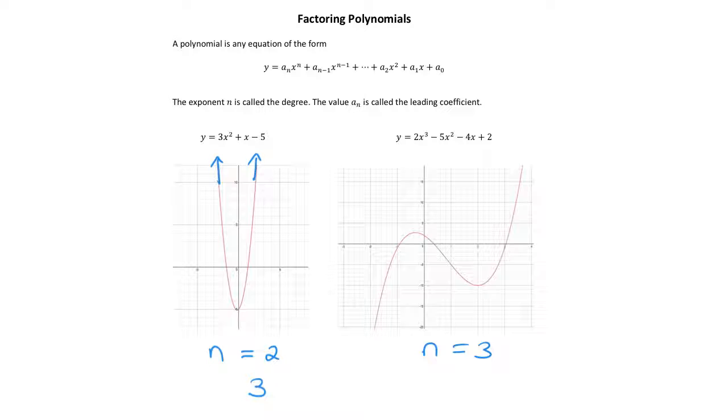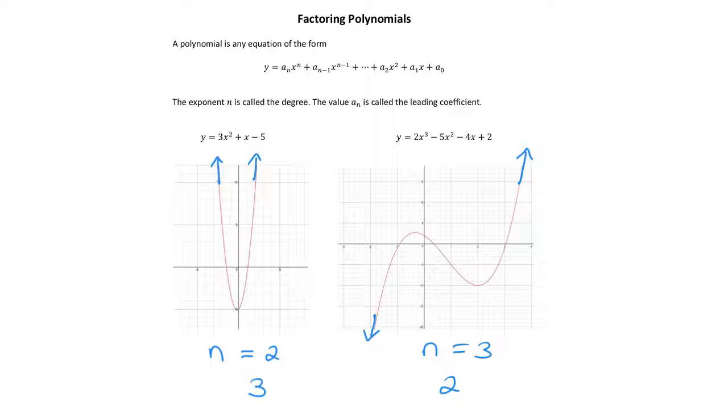Because this thing is positive and it's of even degree, I know the graph is opening upward on both sides. Now, if you compare that to this graph, here the degree is odd, and the leading coefficient is 2. That means the graph opens in opposite directions. It goes up on one side and down on the other.